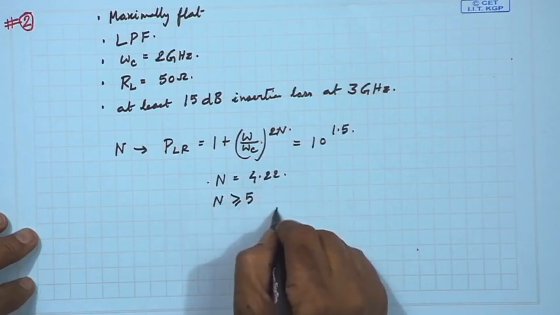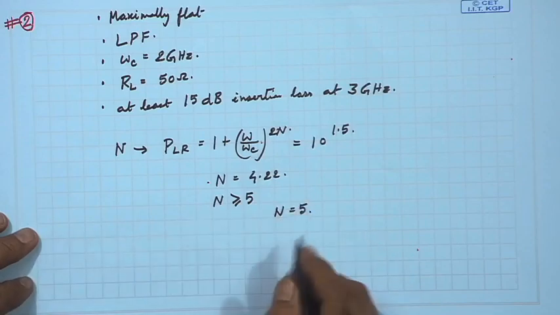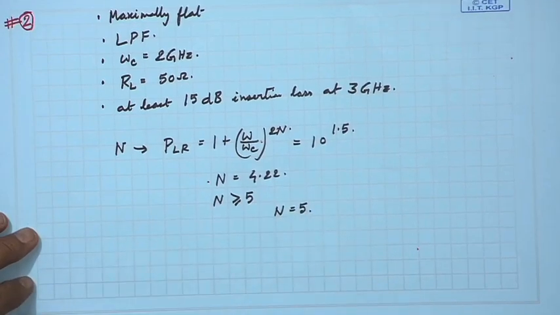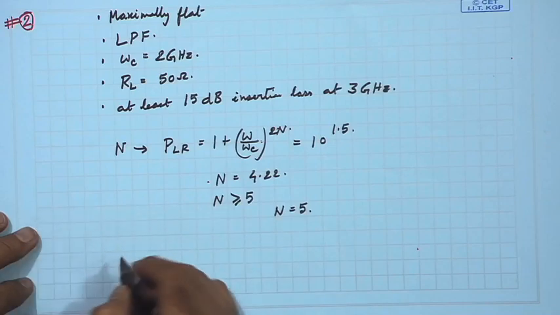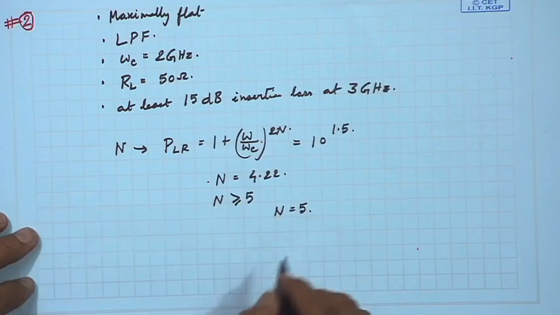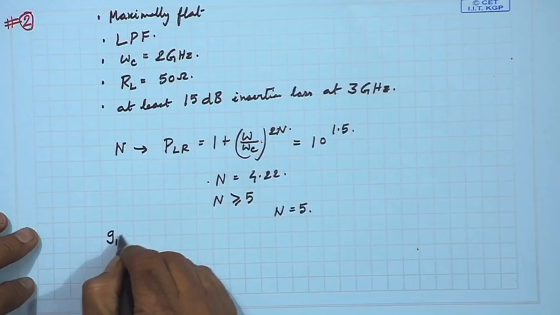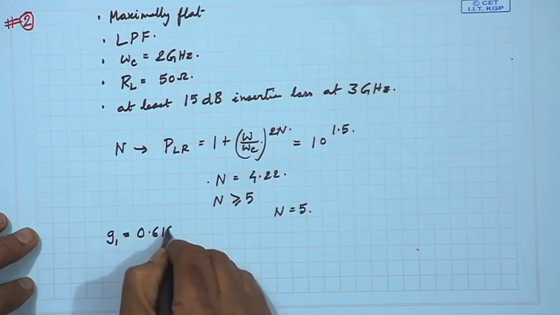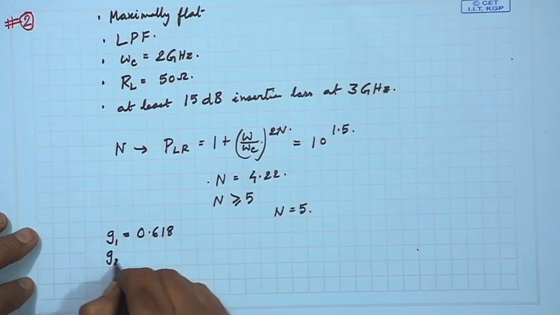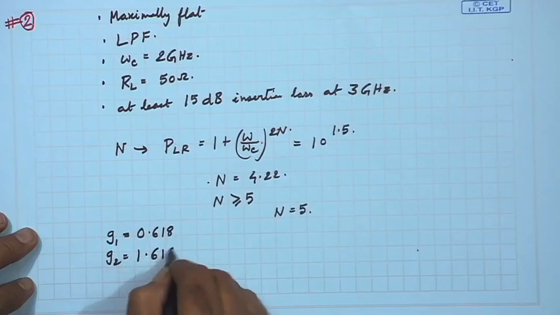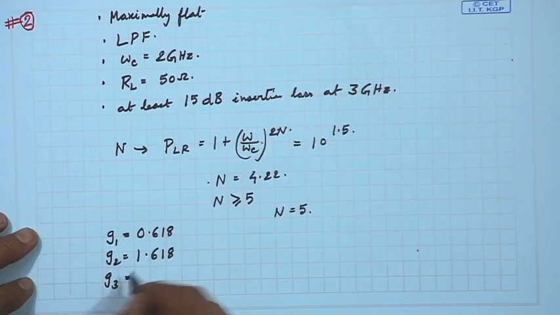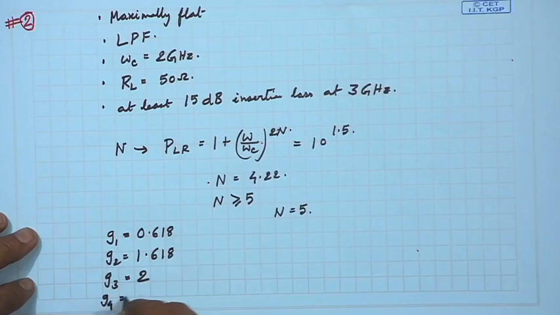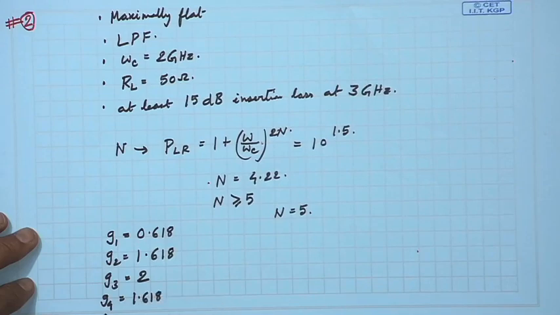Now, let us take 5, and from 5 you can find the prototypes from the Butterworth filter table. See the table: for n equal to 5, prototype values will be G1 equal to 0.618, G2 equal to 1.618, G3 and so on. You get this directly from the table; it will be given in a problem, or as an engineer you can always refer to tables and find the values.